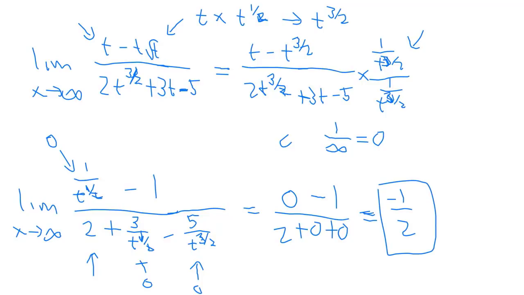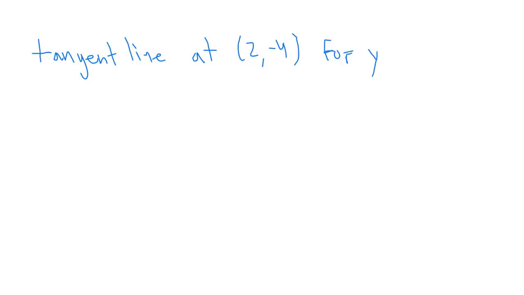And the next problem is no longer limits, it's derivatives. And that one is asking for the tangent line at 2, negative 4 for y equals 4x minus 3x squared.